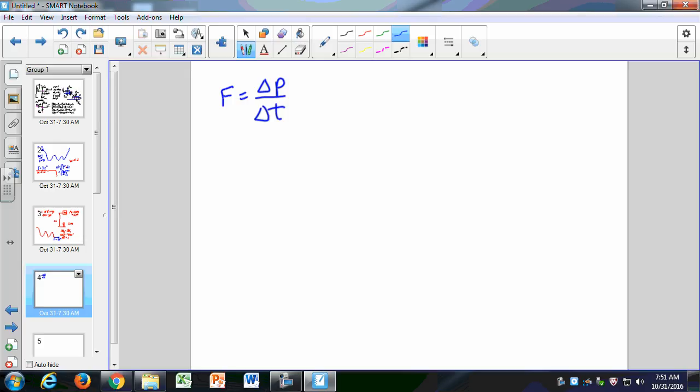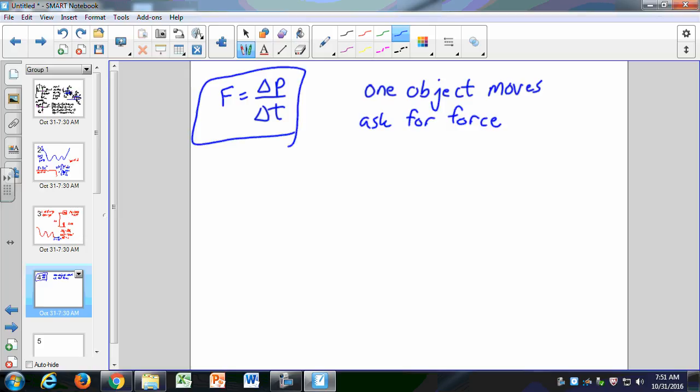You can tell these because usually only one object moves, whereas in a collision where you use conservation of momentum, you'll have two objects that move usually. And then also you can tell this because I asked for the force. And that should key you off that you need to use Newton's second law written in terms of momentum.